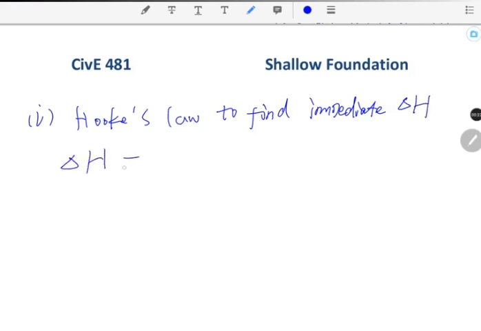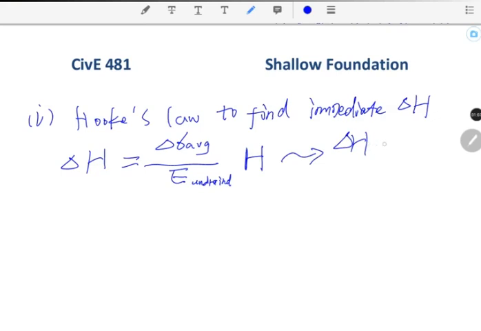Simply, we can use the equation as delta sigma average divided by the undrained Young's modulus or elastic modulus of the soil, undrained, as given in this question, and multiply this by the total thickness of the layer. Then you'll get the immediate settlement under the point A, P, or O.